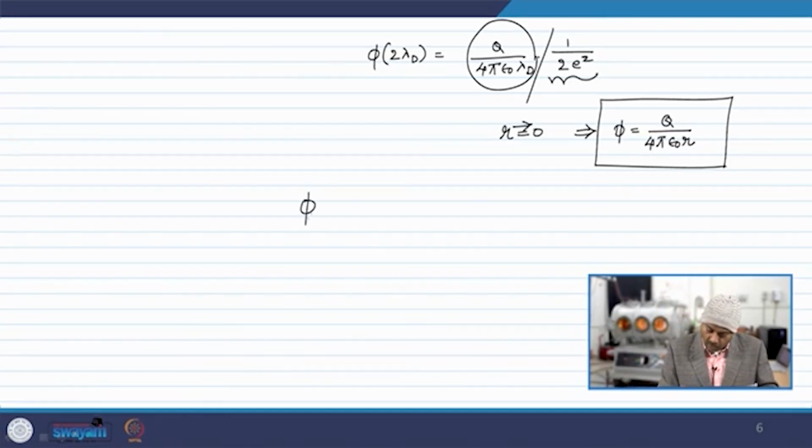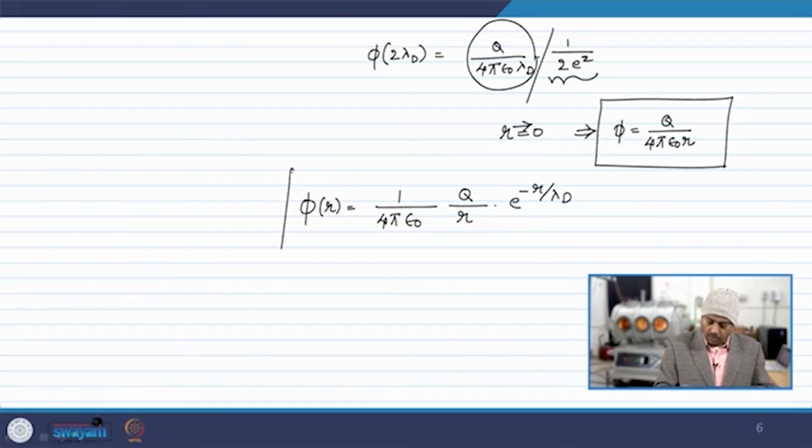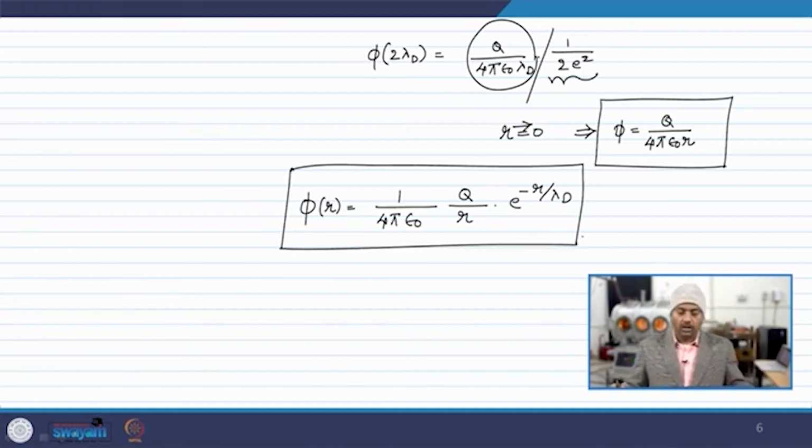Let us try to understand this in the fullest possible manner. 1 by 4 pi epsilon naught, q by r, e to the power of minus r by lambda d. You see, this is what we have derived. I am doing it again actually. This is what we have derived. How did we get it?